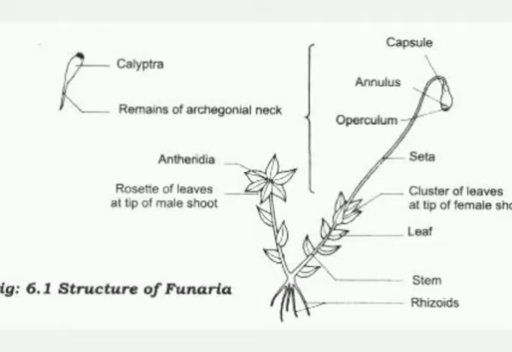They are located at the apex or at the top of male branch. The right hand side shoot is the female shoot having female sex organs which are called archegonia. They are also located at the tip of female branch.